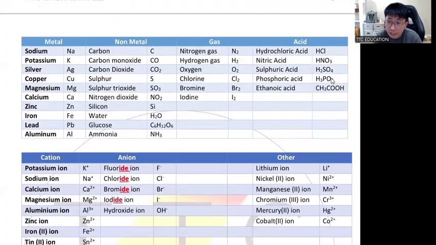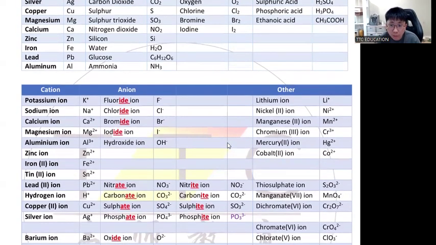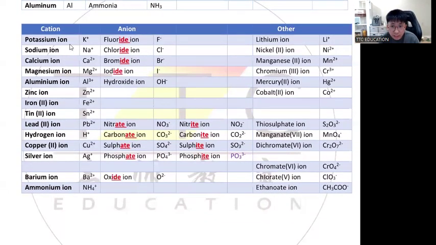Nitric acid, HNO3. MgO, magnesium is 2 plus, oxide is 2 minus. The oxide here is 2 minus, cation anion, so Mg2+, O2-, then you have your MgO.